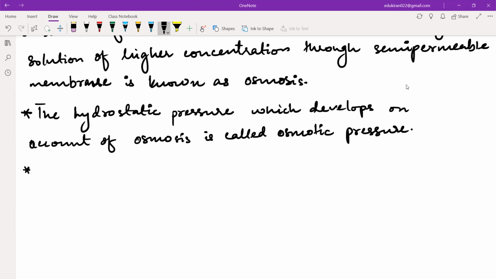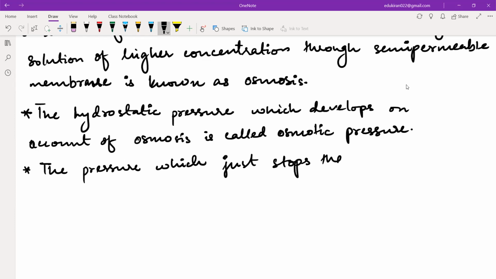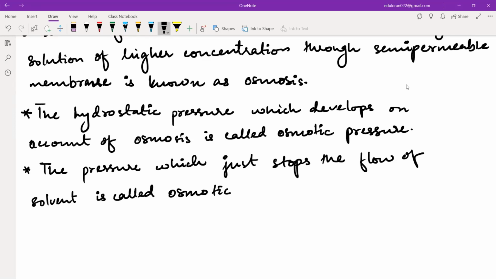And the other one: the pressure which just stops the flow of solvent is called osmotic pressure. So this definition is very important.